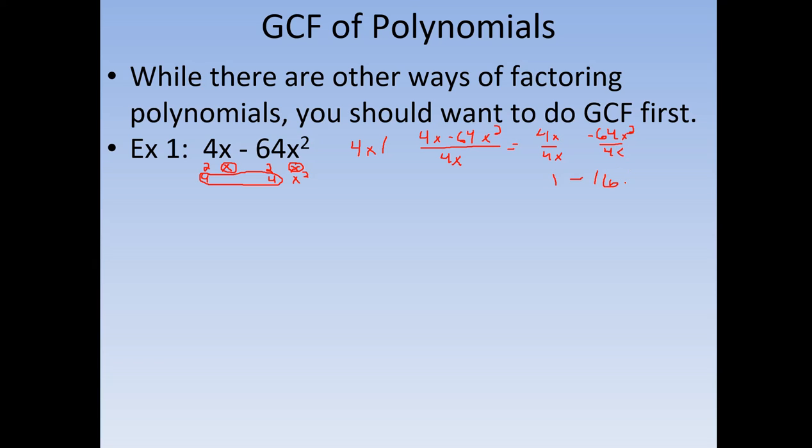X squared divided by x is x. So this ends up becoming 4x times 1 minus 16x.